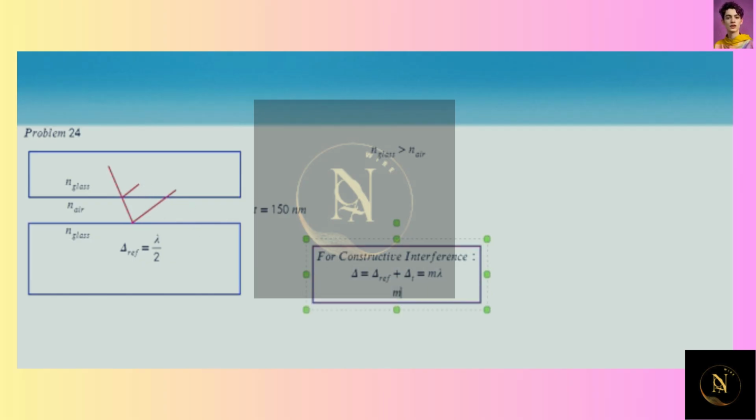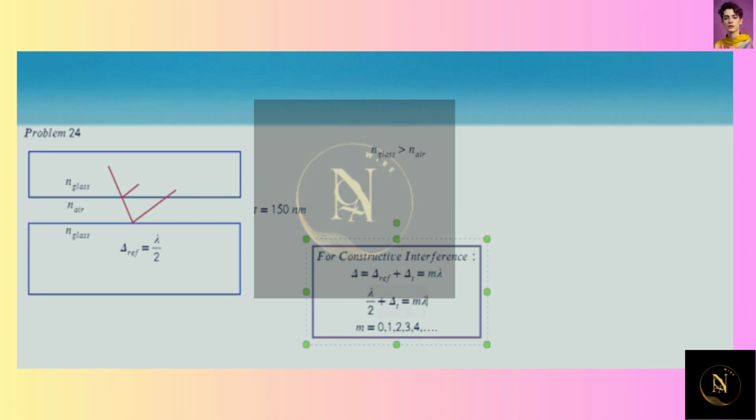So here m is equal to 0, 1, 2, 3, 4, etc. However, let's go ahead and expand this term. Let's go ahead and replace it by this: lambda over 2 plus delta t is going to be equal to m lambda.